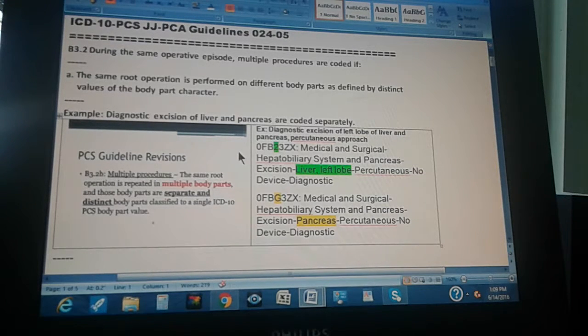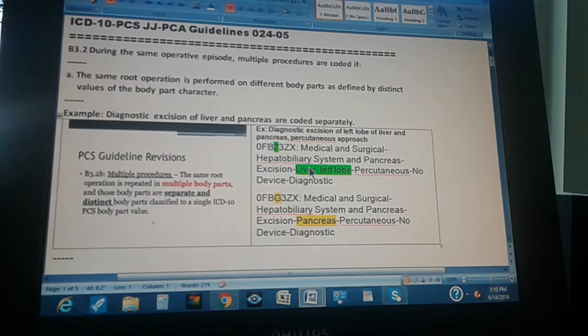Now the example that we have here is PCS guideline revisions, multiple procedures, and repeated body parts. The example is diagnostic excision of left lobe of liver and pancreas, percutaneous approach. The first code is for the liver left lobe. We put it there in green so you can distinguish.